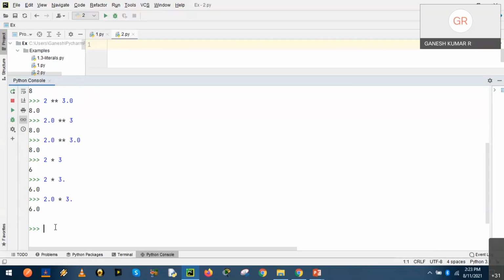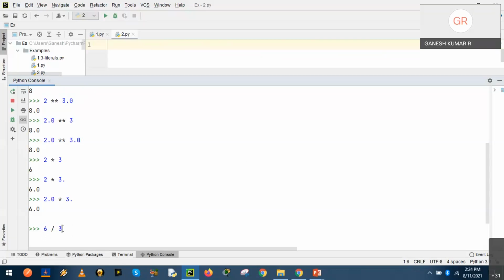Next, the third operator, slash. The slash sign represents the division operator. The value in front of the slash, the 6, is called the dividend, and the value after the slash, to the right of the slash, is called the divisor.